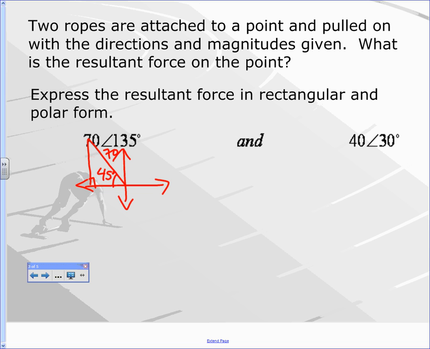Where'd the 45 come from? 180 minus 135. Does that make sense? You go 135 and you have 45 left? Yeah, this is 70.